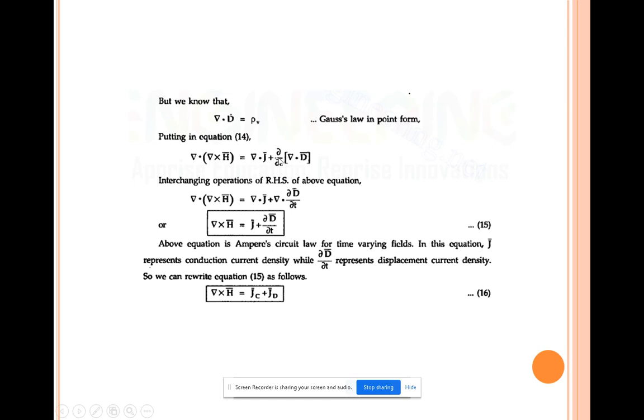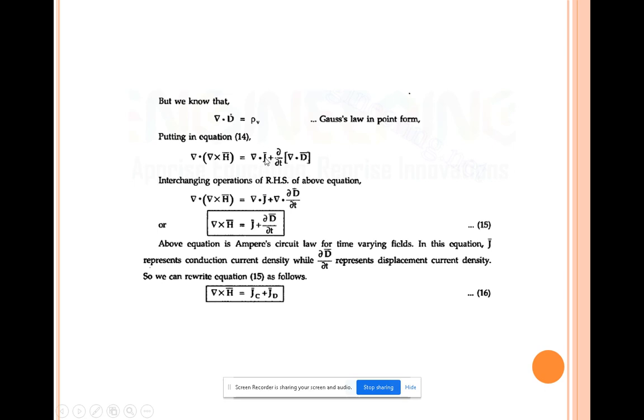Okay. Now we are going to change the operator on the right hand side. The two operators, dou by dou t and del dot, you are going to interchange. So after interchanging you will be getting del dot J vector plus del dot dou D vector by dou t. Okay. So in the two terms you have the common term del dot. So bring it outside.